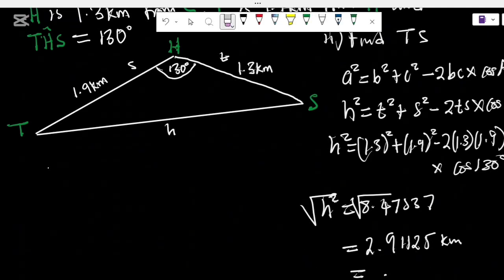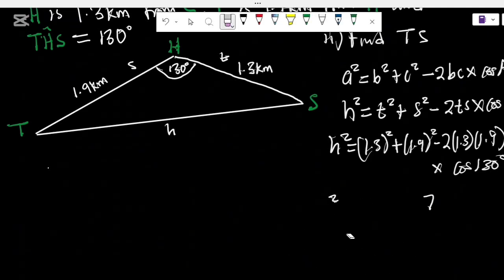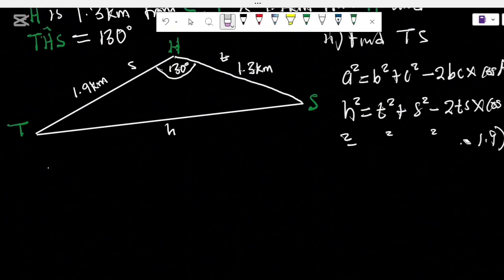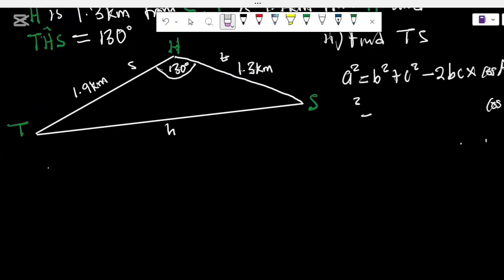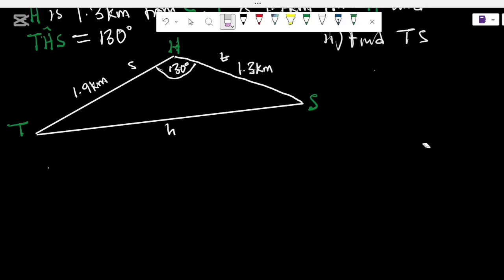Now what about the shortest distance from H to TS? How do we find that one? So this is 3.